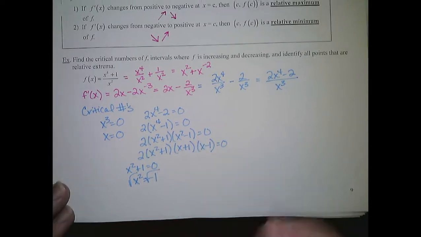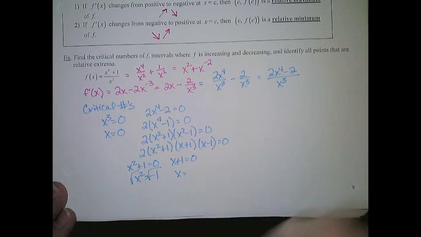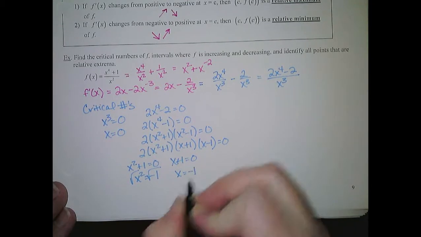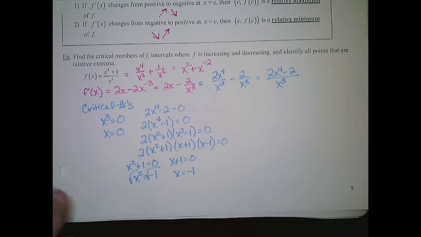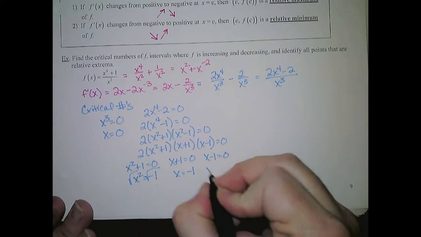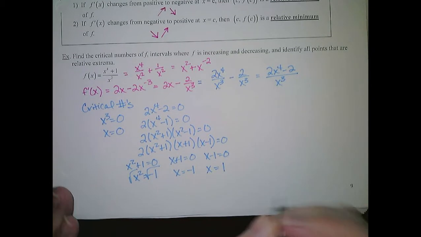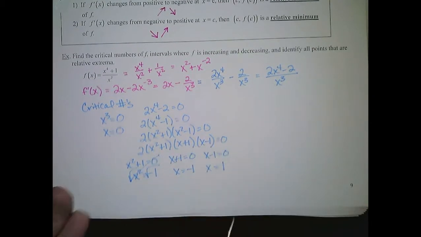This one, however, if I take x plus 1, set it equal to 0, then that means I have a value of 0 when x is negative 1. So that's another critical number. And if I take my last factor, x minus 1, and set it equal to 0, then I would also have a value of 0 if x is equal to positive 1.